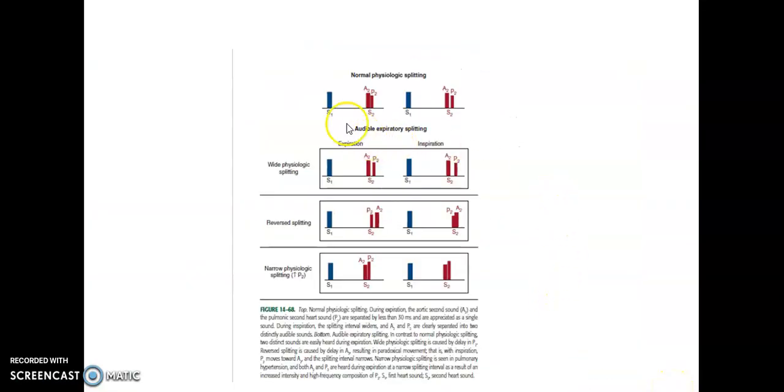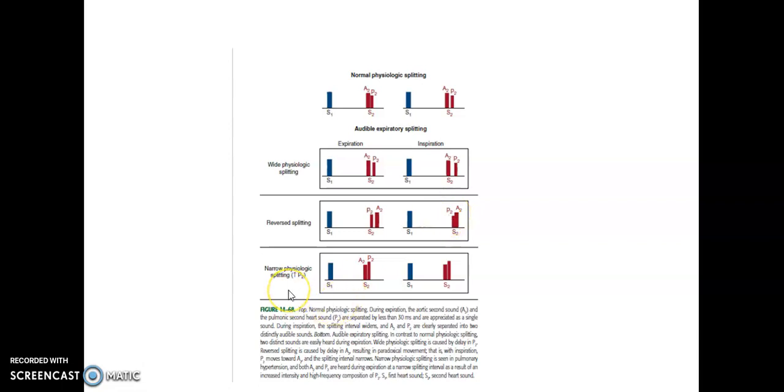So this is a normal physiological splitting. That means you hear a split only on inspiration. Next is wide physiological splitting. This means you hear a split both in inspiration as well as expiration. Next is reverse splitting. This means you hear a split only in expiration but no split on inspiration.